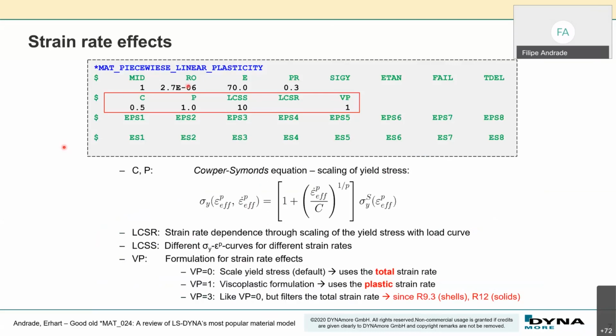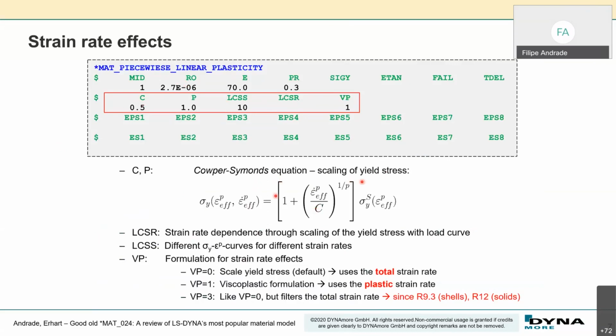Well, if you want to consider this information about the dependency of the strain rate, there are different ways. One way is using the so-called Cowper-Symonds parameters. Basically, these are C and P, and these are parameters which are governed by this equation here.